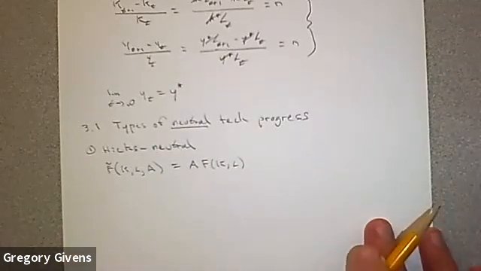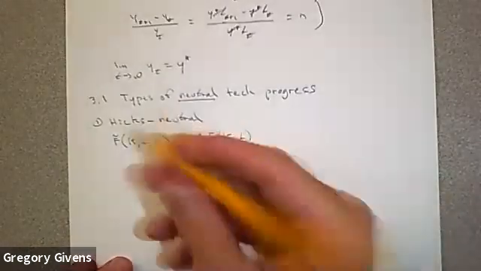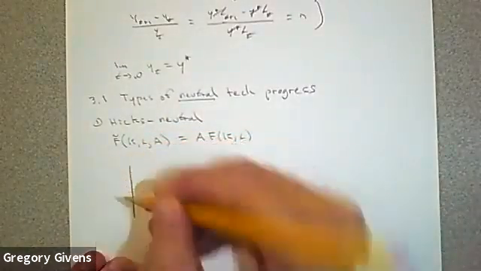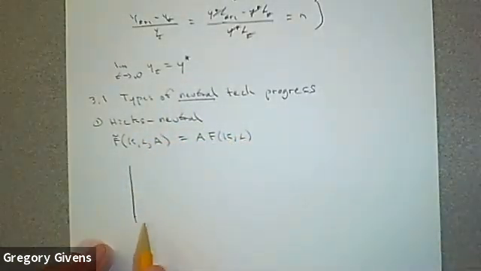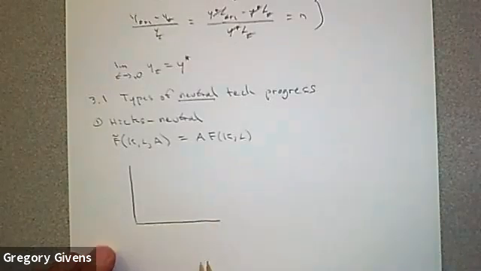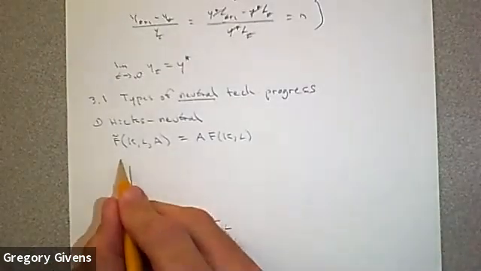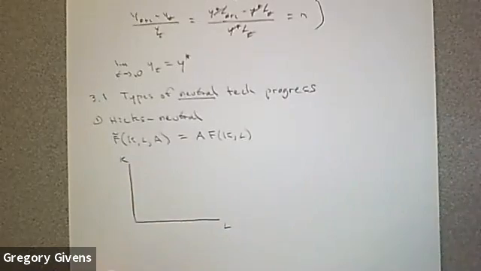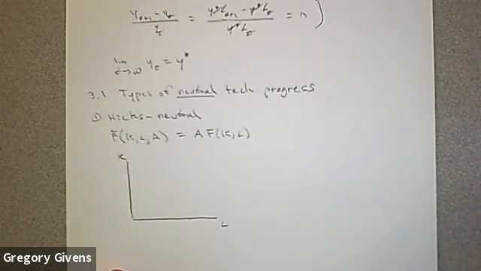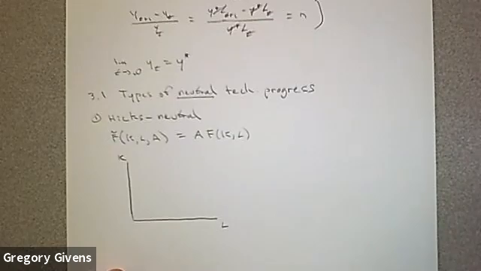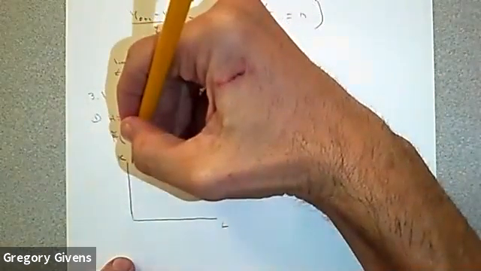To get a kind of a visual description of what this looks like, I'm going to draw something called an ISO production schedule. We do that by mapping all of the different combinations of labor and capital that are consistent with a given amount of output for a specific level of technology.